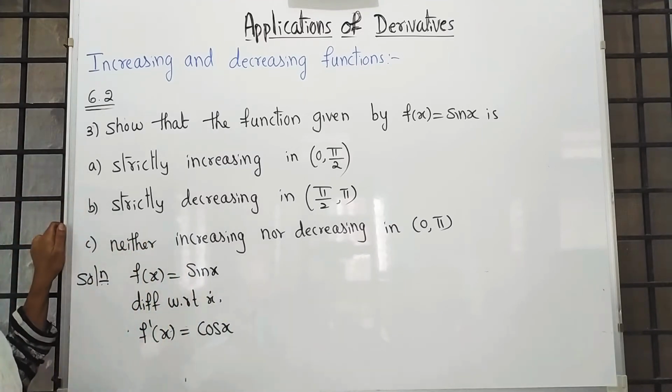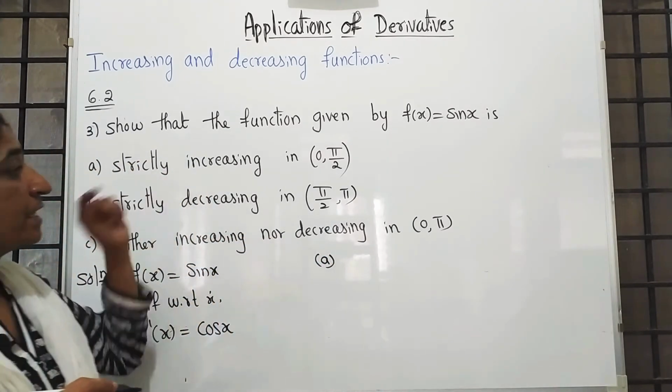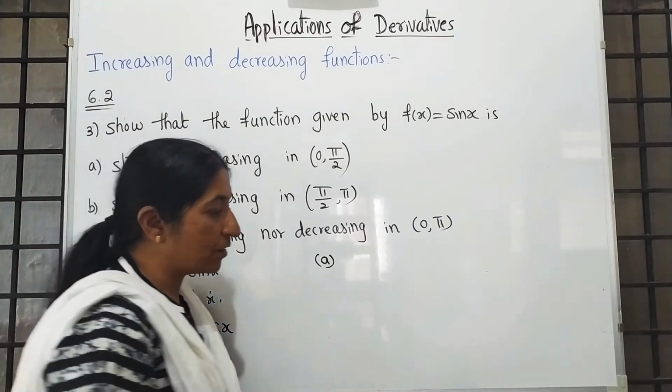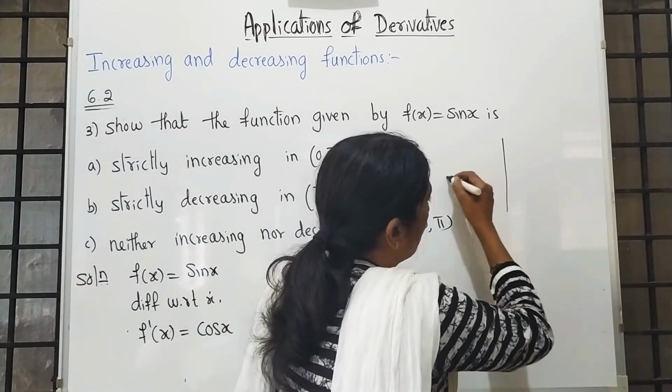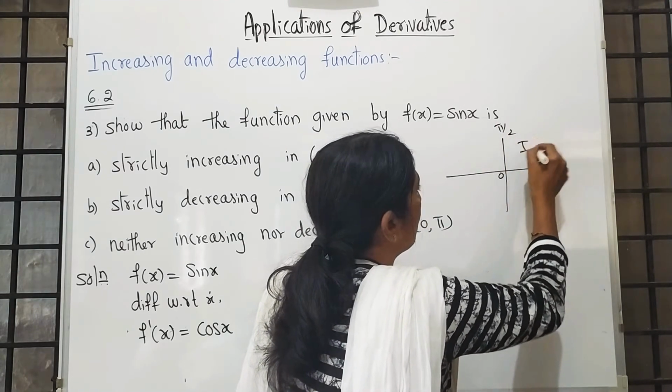Cos x. Now I am moving to the first one. First one, strictly increasing in 0 comma pi by 2. You are familiar with first year trigonometry. 0 comma pi by 2 means in which quadrant? This is 0, this is pi by 2, origin, this is the first quadrant.